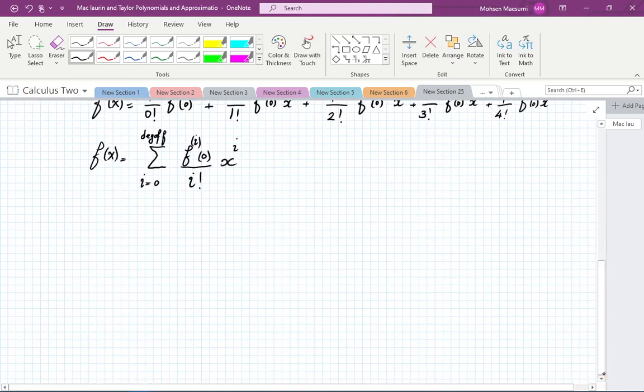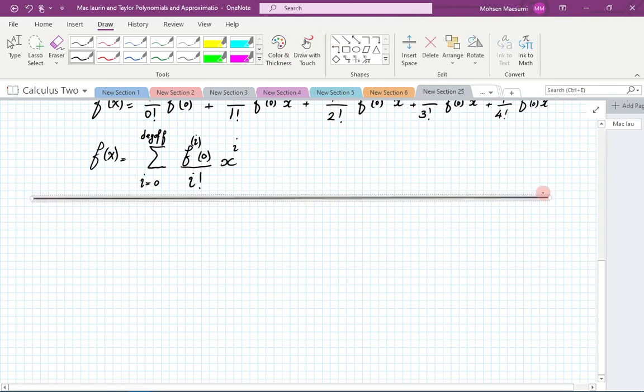Okay, let's go ahead and take a standard example and do that. Suppose we take the first function we had, which was sine. So consider y is equal to sine of x.